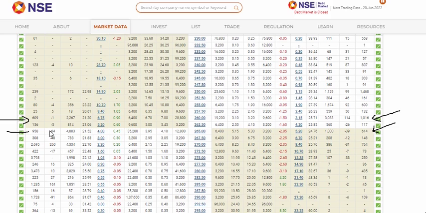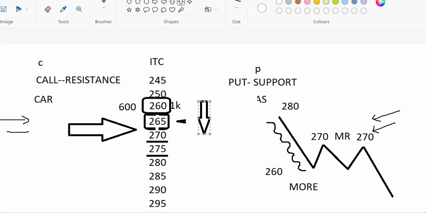Let's have a look at 265. 265 has 958 on the call side and 600 on the put side. So now what are we going to write? We will write down the numbers again.